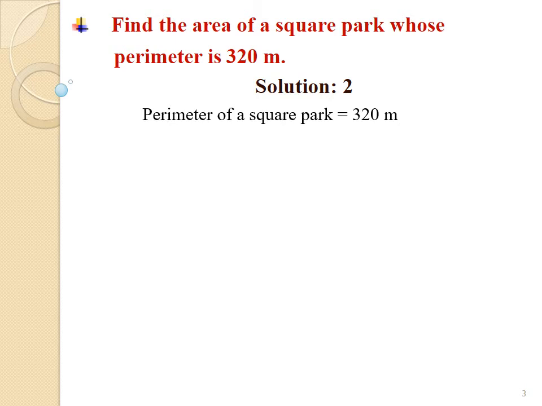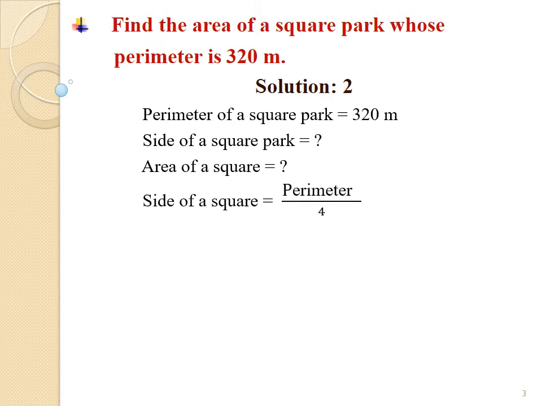Therefore, side of a square park equals to how much? And area of a square park equals to how much? Thus, side of a square park equals to perimeter divided by 4, which is equal to 320 divided by 4.